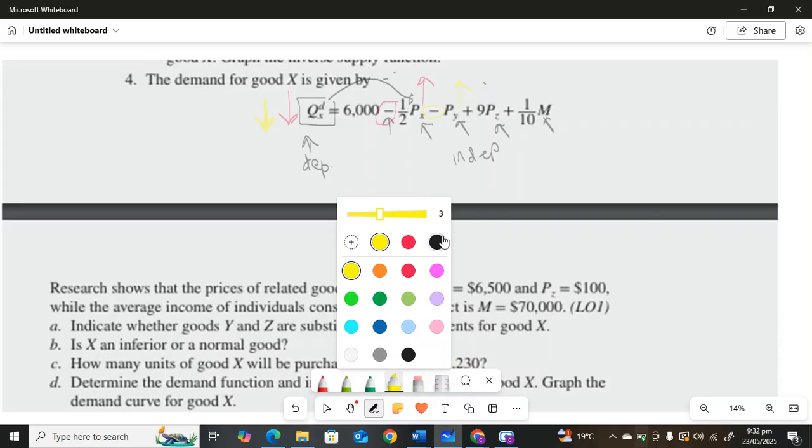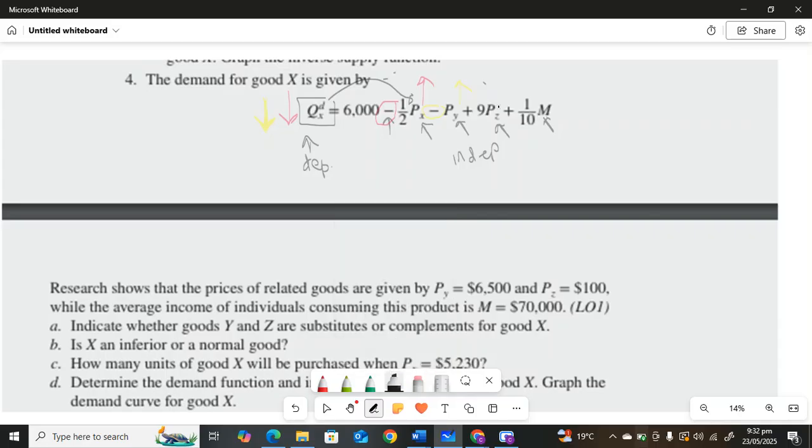So it's telling us that if the price of good Z goes up, quantity demanded of good X is also going to go up. And for M, there's a plus sign also, meaning if income goes up, quantity demanded of good X is also going to go up.